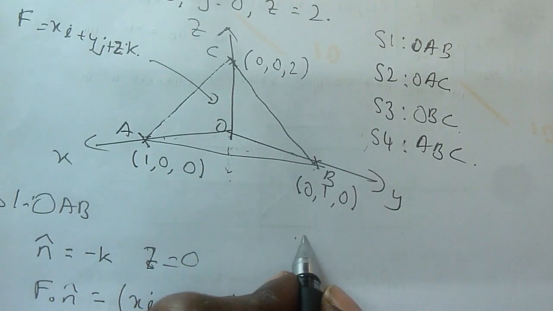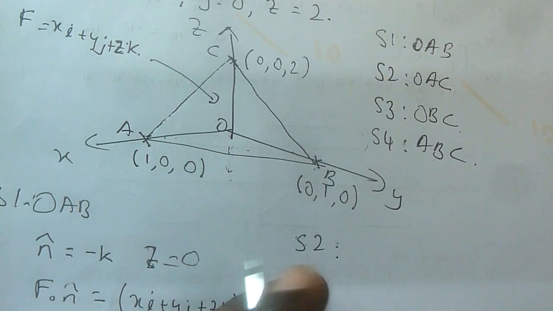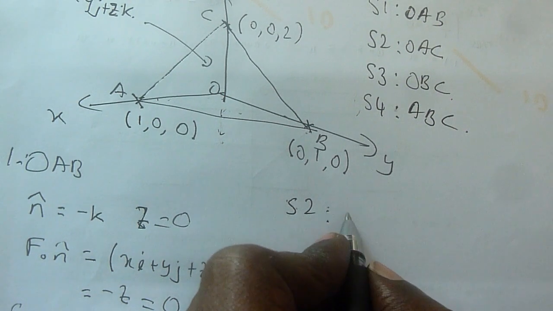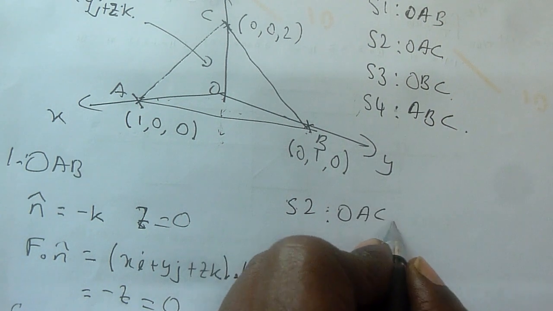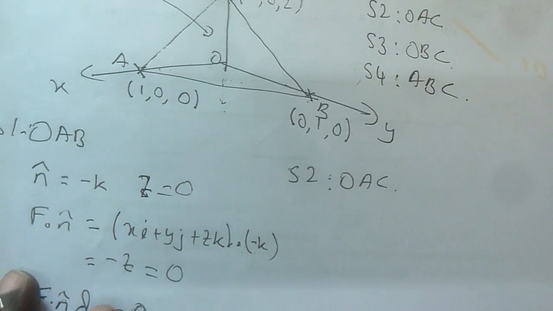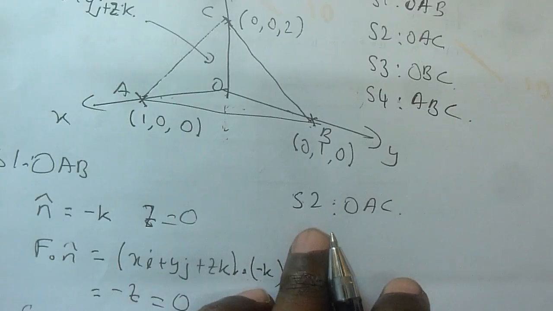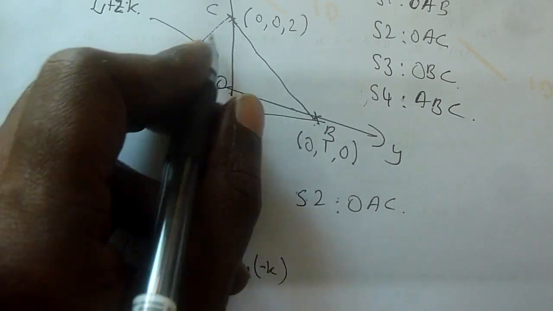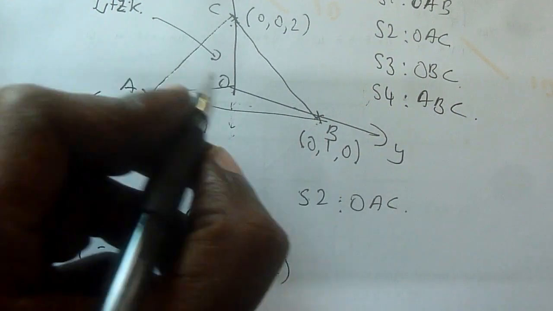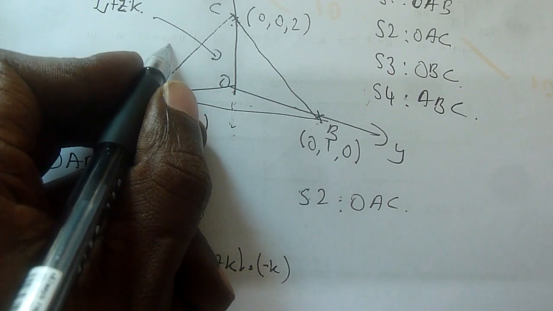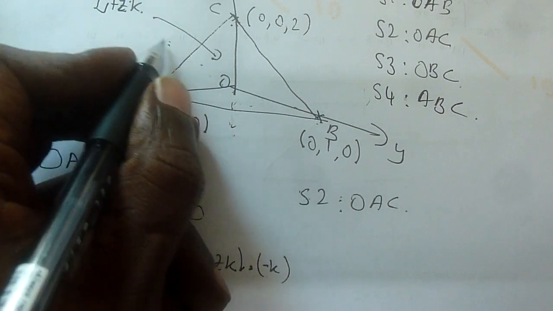Okay, what about S2? S2 is OAC. In this case, where is the contact point, the external contact point? Outside, right? It's pointing towards outside.